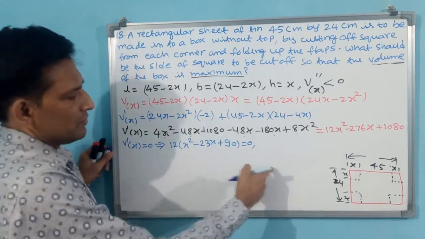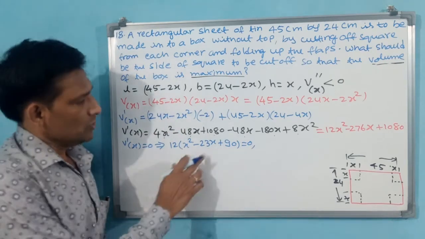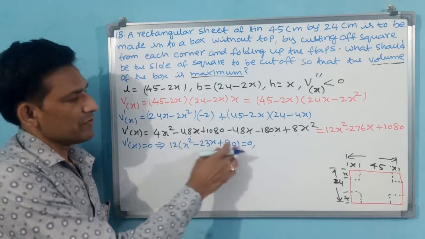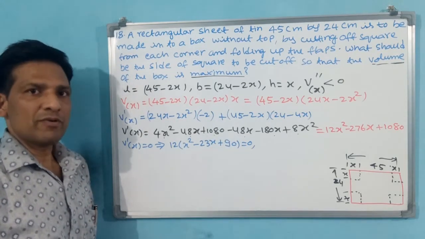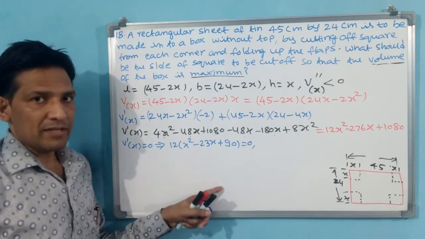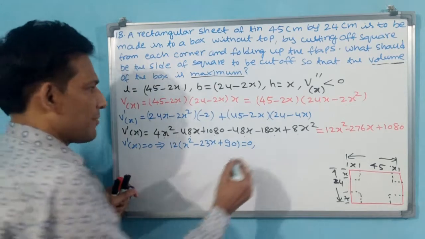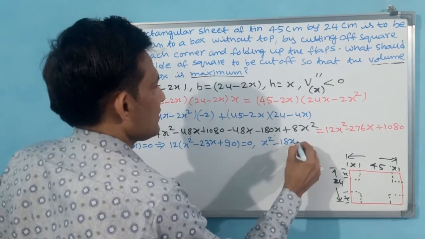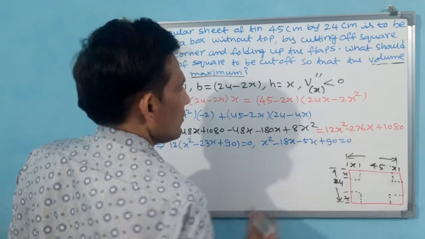Okay, anyway 12 we are going to send to that side, but you see here, 23 has to come, but multiplication 90 has to come, 1 into 90. Okay, see, 18 5s are 90, 18 plus 5 is 23. See how I am writing: x square minus 18x minus 5x plus 90 is equal to 0. Is it correct?